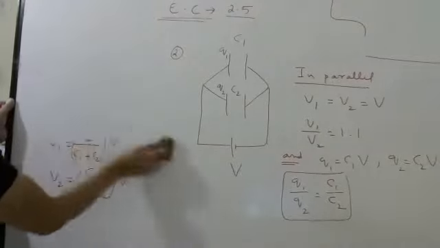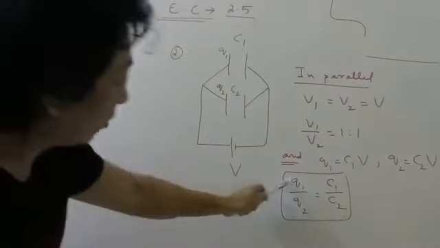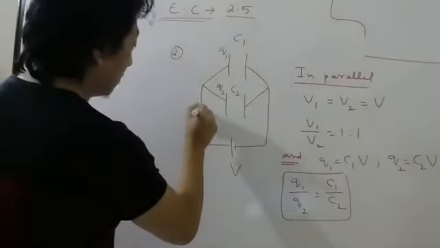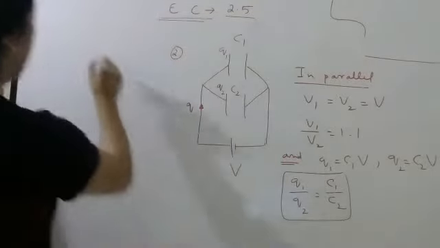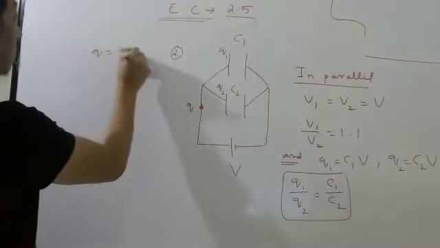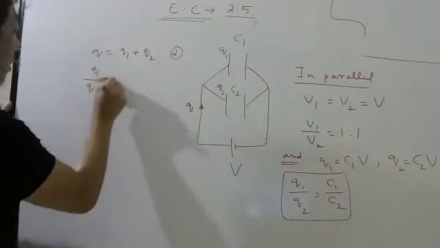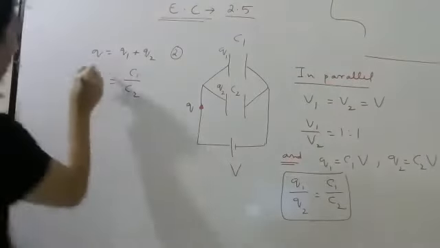Now let us say somebody says find this Q1 or Q2 in terms of total charge. So you know some total charge will be coming from here, which will divide. So you know Q will be Q1 plus Q2, and you know Q1 by Q2 is C1 by C2. Just now I did. So how will you find Q1?